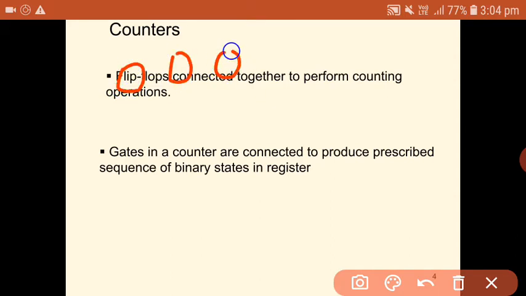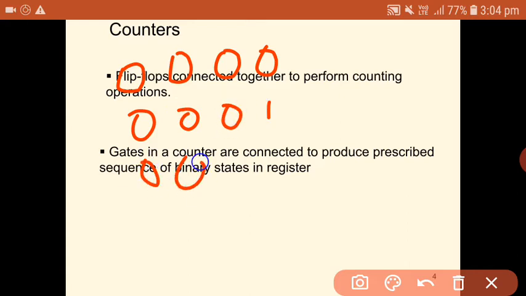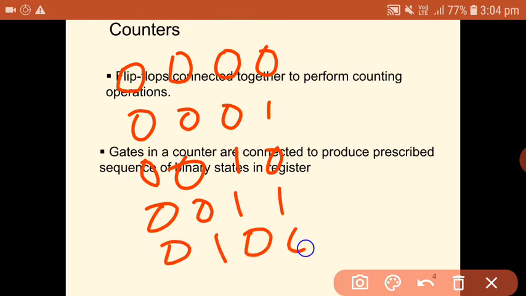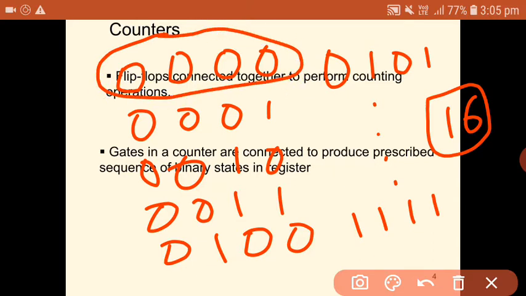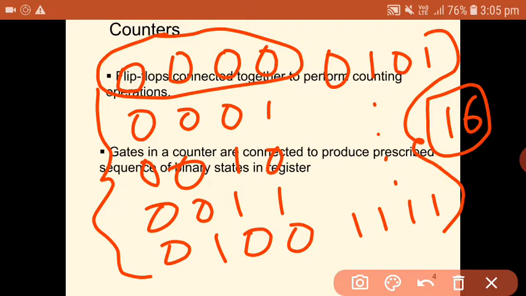Let us say 0000, 0001, 0010, 0011, 0100, 0101, and so on up to 1111. So a total of 16 combinations you will get by considering 4 flip-flops, and these are the 16 different output states.